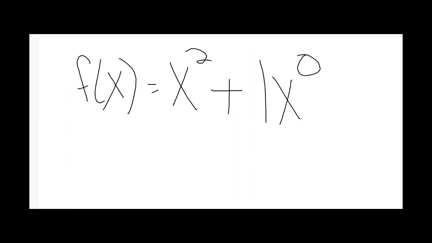And I know this may come as a surprise, but 0 is actually even. Even I was surprised when I first learned that. But because 2 and 0 are even, we know that this will be an even function. And because it is an even function, it will be symmetric across the y-axis.